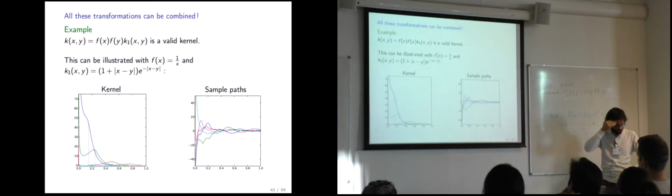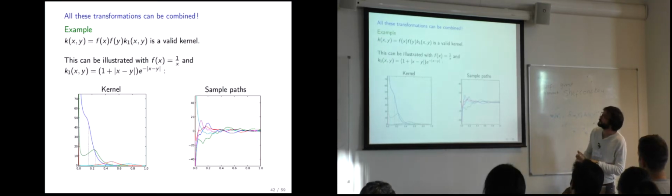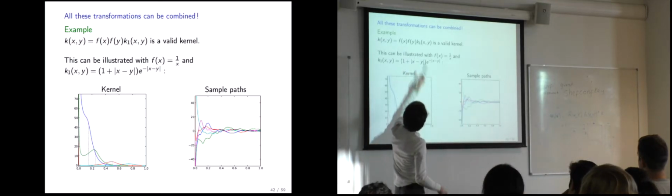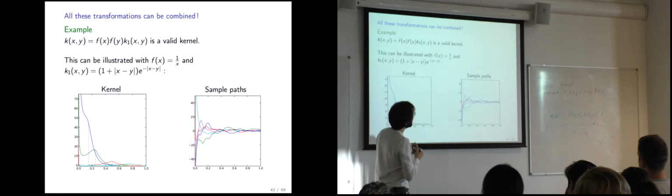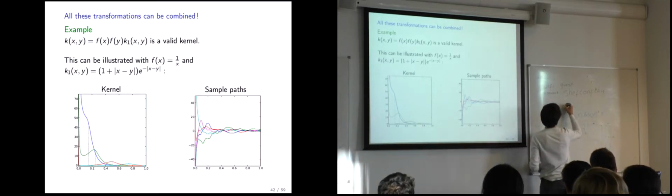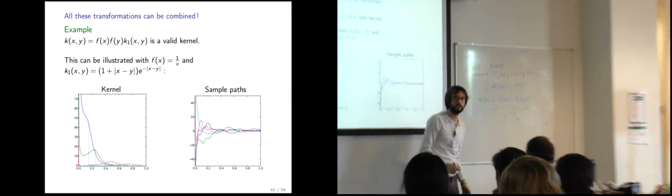And of course, all these transformations can be combined. So here's an example of a kernel. Why is that positive definite? It's because we have f(x) times f(y). So this can be seen as a positive definite function. We know that k(x, y) = xy is a kernel. This is the linear kernel.